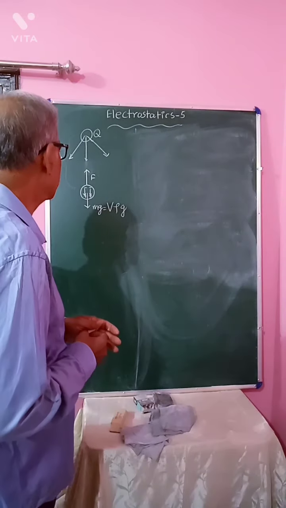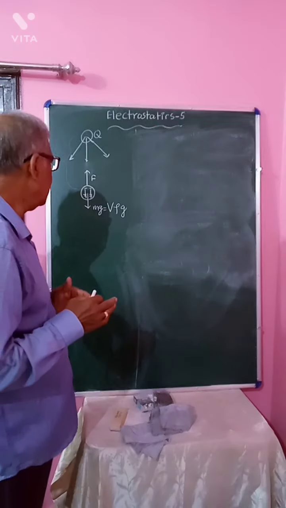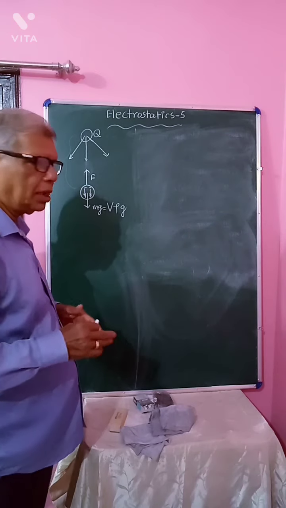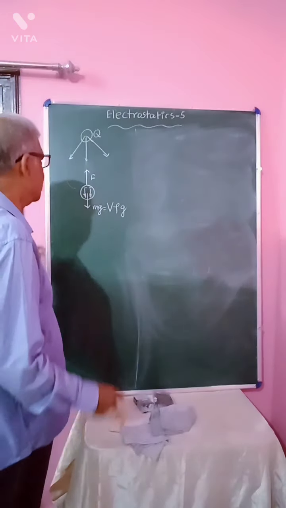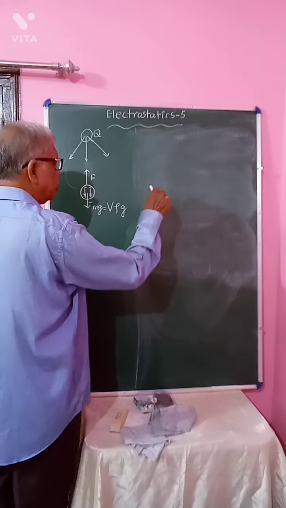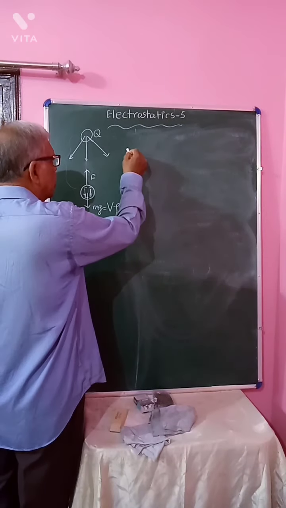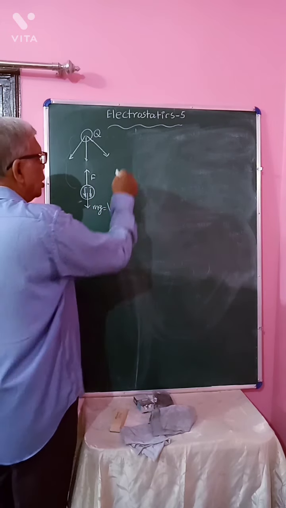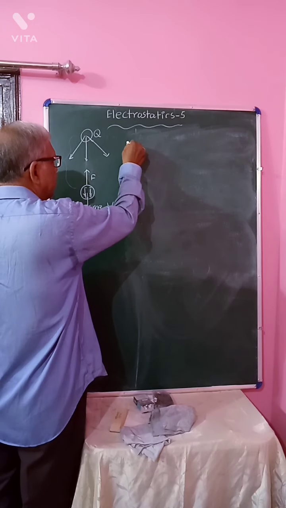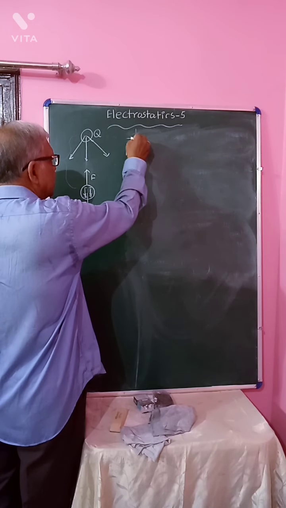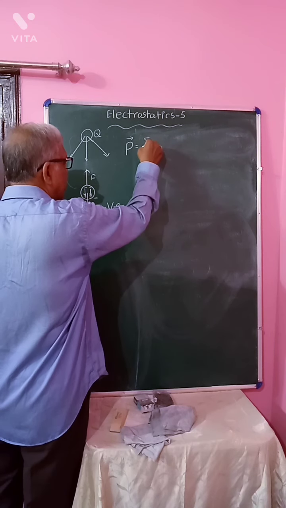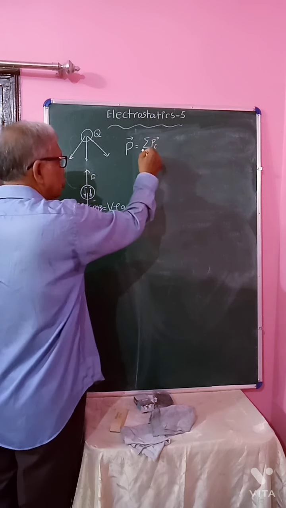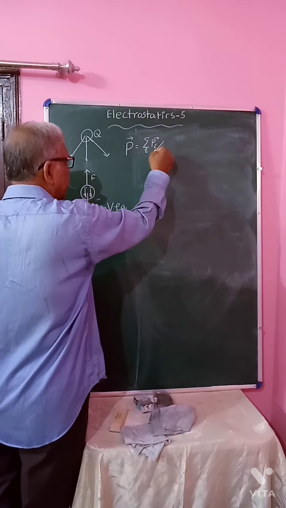Now, we know electric dipole experiences a force in electric field, in non-uniform electric field. Now, what is this force? We shall find out. Now, since the water droplet is polarized, the polarization vector is equal to vector sum of dipole moment, that is the total dipole moment for unit volume.